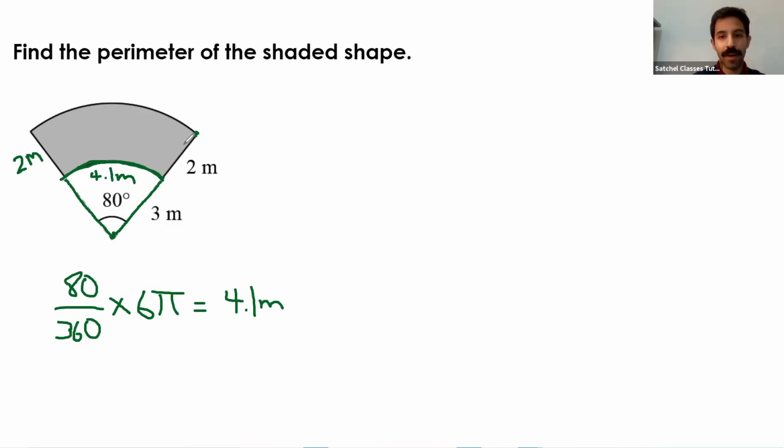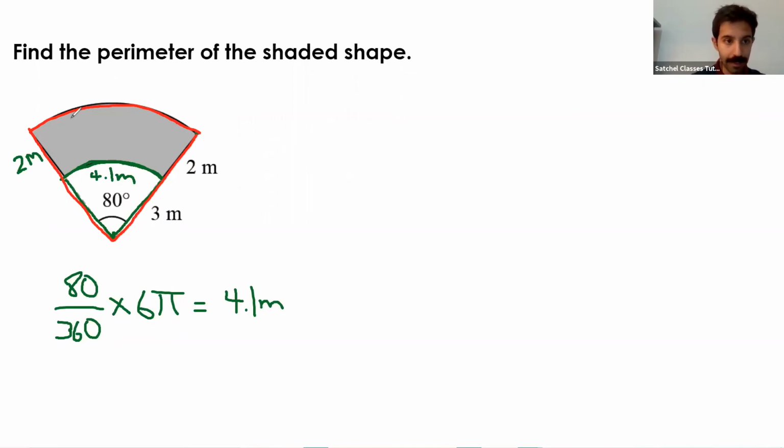Now, we have to find the arc length at the top as well, so I've just drawn over it in red. Similarly, the angle of this sector is still going to be 80 degrees. I'm just going to show the sector that we're talking about. But the radius is going to be different. The radius this time around is going to be 3 centimeters plus 2 centimeters. So our radius is actually 5, making the diameter 10.